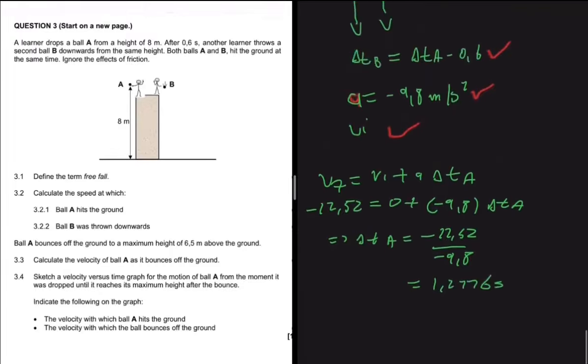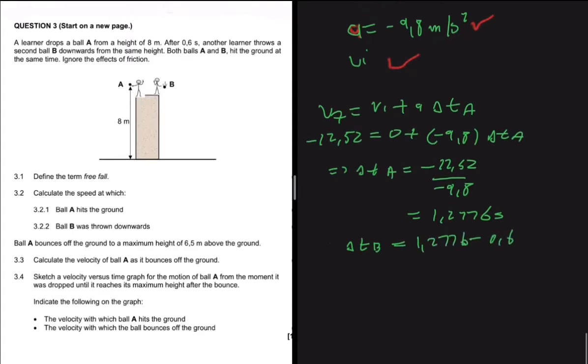So now we can say that delta T for ball B will be equal to 1.2776 minus 0.6, which will be equal to 0.6776 seconds.